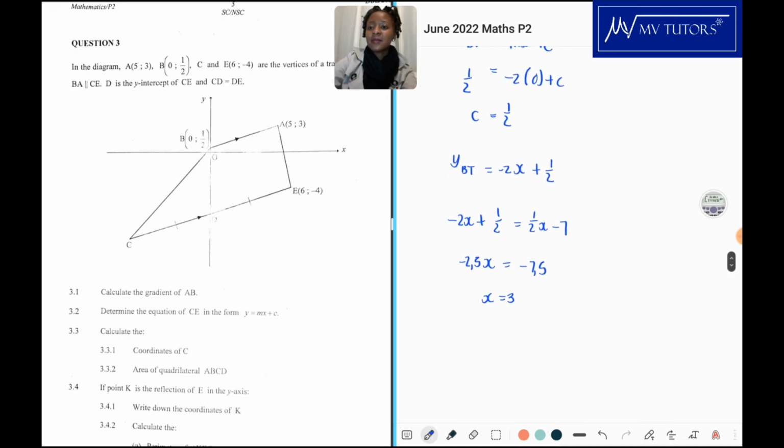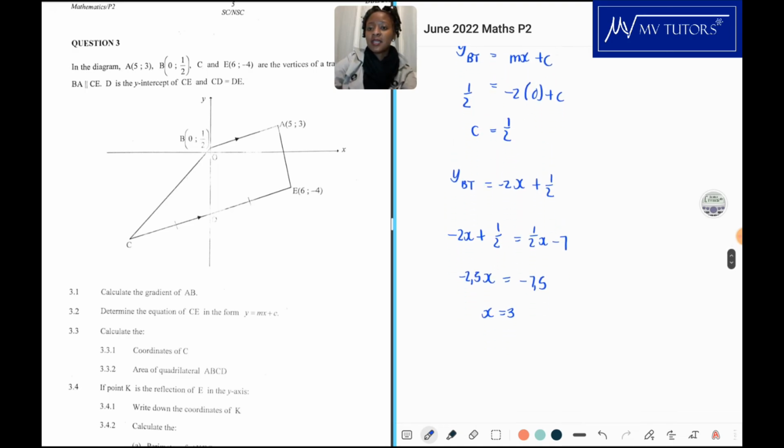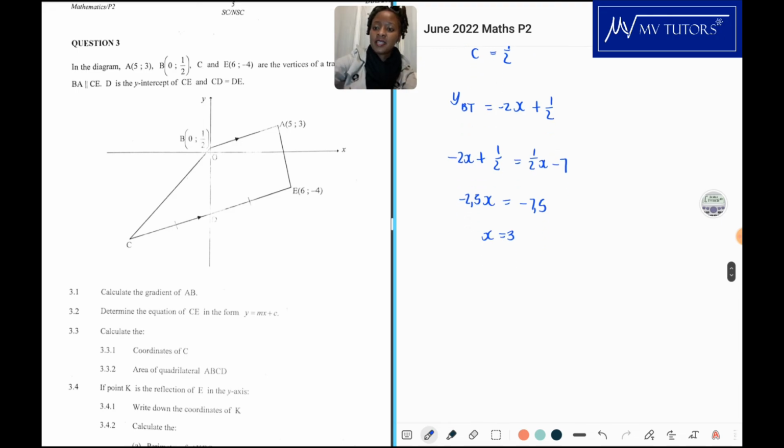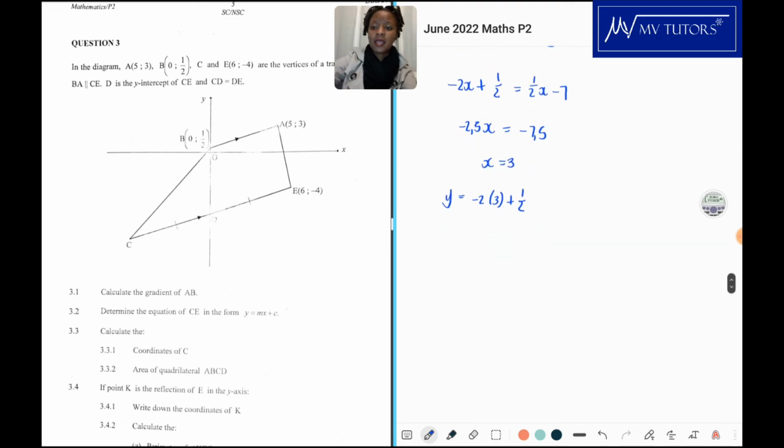Then I'm going to take 3 and substitute it into any easy equation. I have an alarm here that keeps going. So y is equal to -2 times 3 plus a half. You can take either equation, BT or CE, and you should get the same y value.